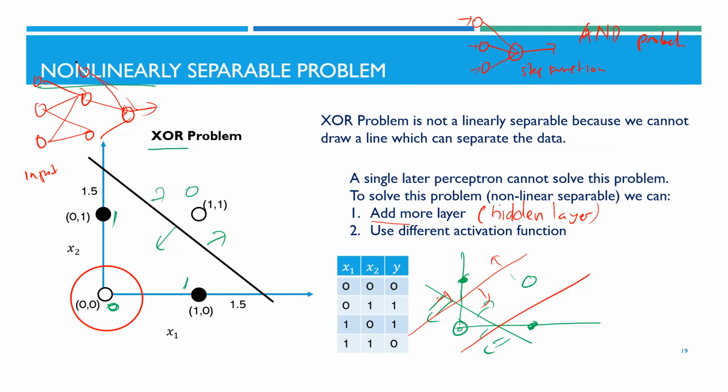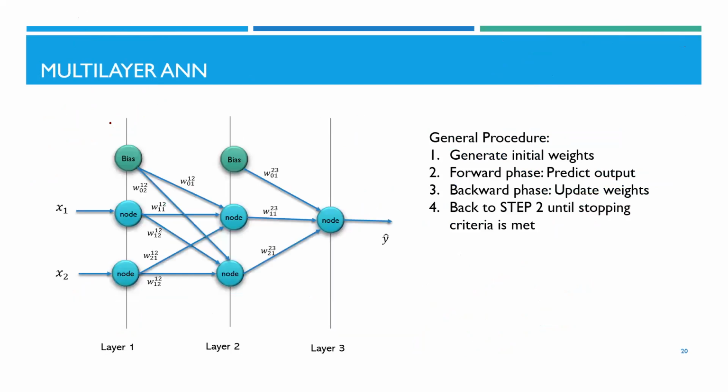Or if it still does not solve the problem, we can add one more hidden layer. We can add hidden layers, or we can change the activation function. Okay. Let's see the example.